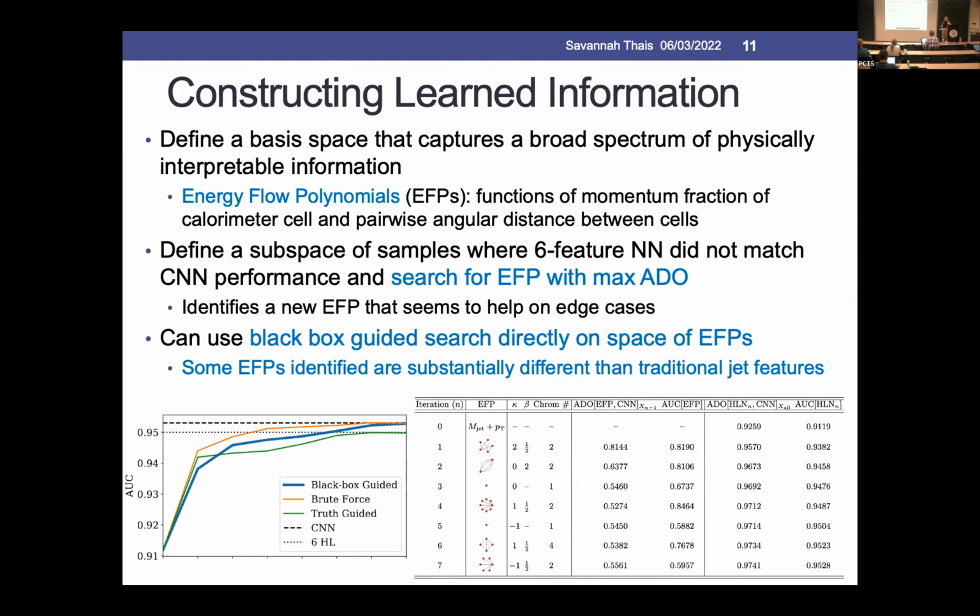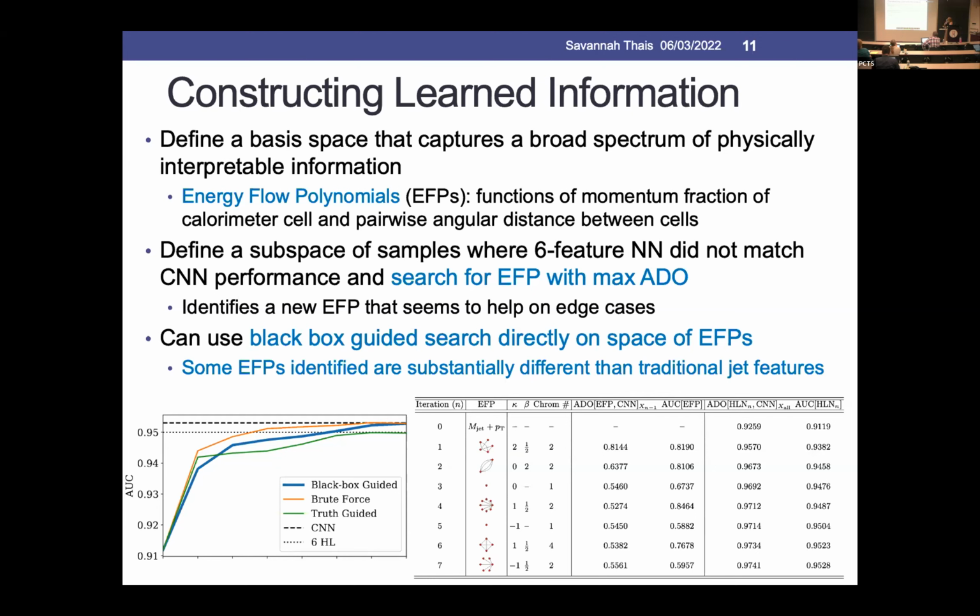So instead of just using the jet features that we typically use, you can use something like energy flow polynomials, which are a theoretically infinite set of jet descriptors that are basically different kinds of functions that use as features the momentum fraction of calorimeter cells and the pairwise angular distance between those cells. And so you can go to higher and higher orders of these energy flow polynomials theoretically forever, although probably they become less interesting after a while.